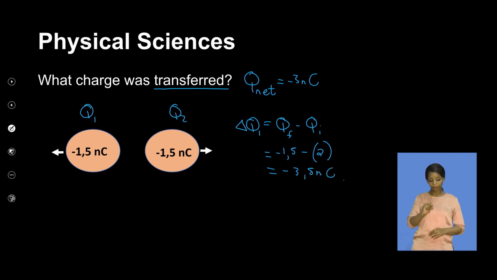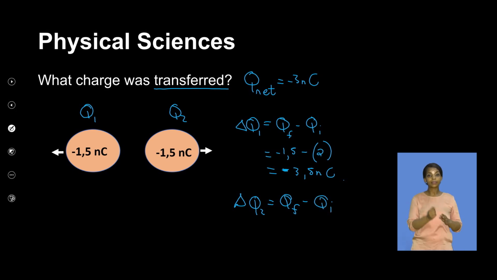So Q1 became more negative; in other words, the change in its charge was, by magnitude, negative 3.5 nanocoulombs. This was the gain. Now let's look at the change for Q2. Still, Q final, which is our Q new, minus the initial charge before they were brought into contact. Now the final is negative 1.5, which is the same as the final charge for Q1.